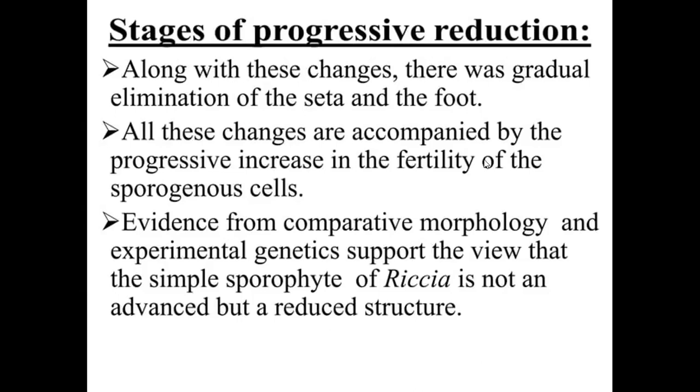So this reduction or elimination was accompanied by an increase in the fertility of the sporogenous cells. This evidence from comparative morphology and genetics supports that the simple sporophyte of Riccia is not an advanced but a reduced structure.